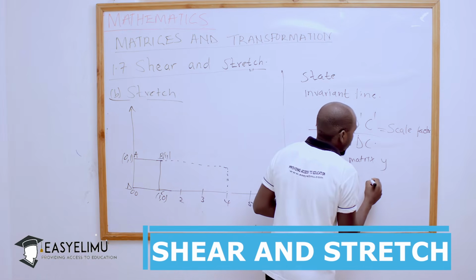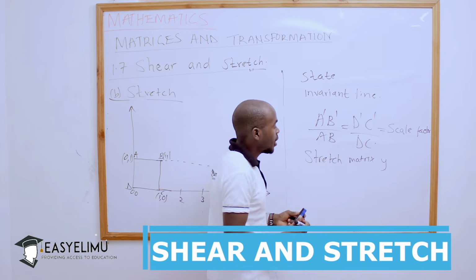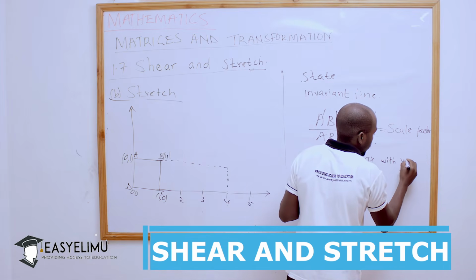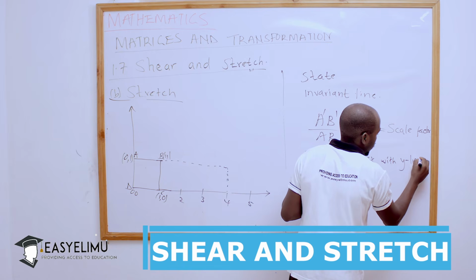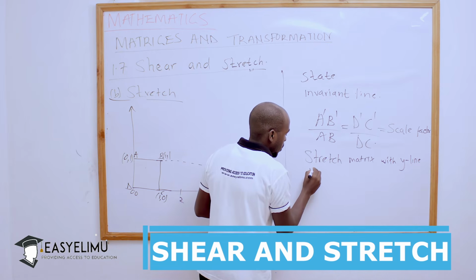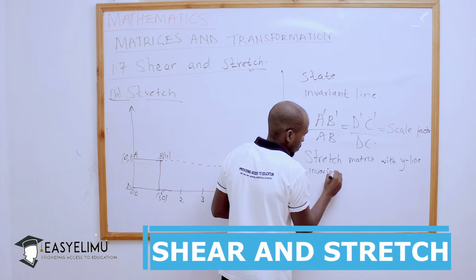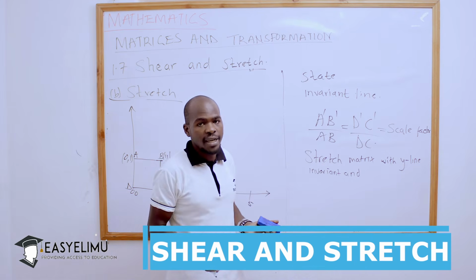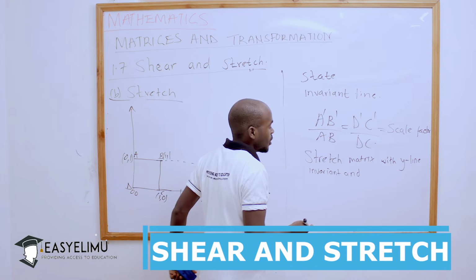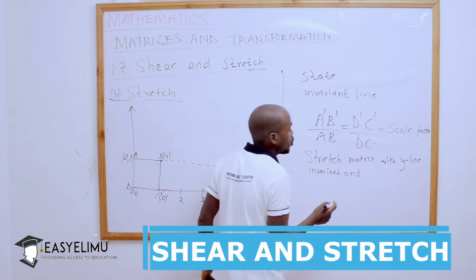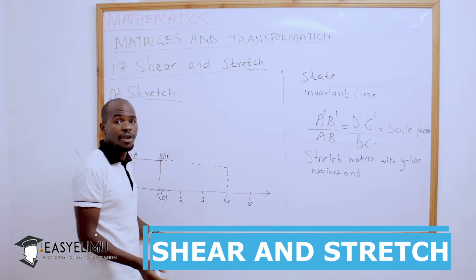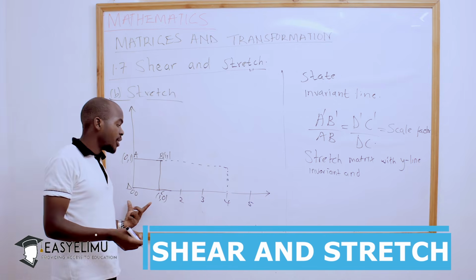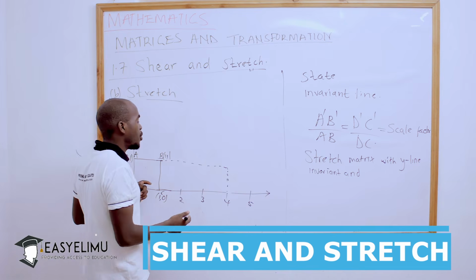So I will say it's a stretch matrix with Y line invariant. And you give out the scale factor of what occurred. I have given you how you can calculate the scale factor.